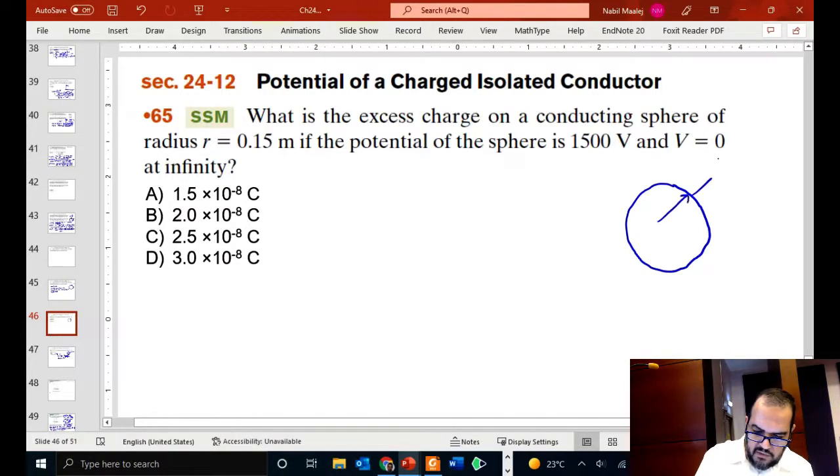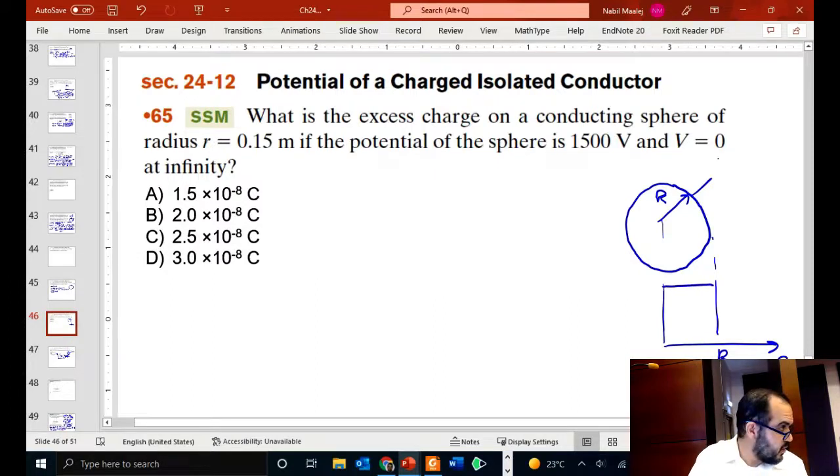This is the radius of the sphere, let's say capital R. Remember we did this before and we found that the potential inside the conductor is constant and it's equal to the potential at the surface, and we drew it, if this is the radius capital R, we said it's constant inside the conductor, then it goes as KQ over R outside, like a pointed charge.